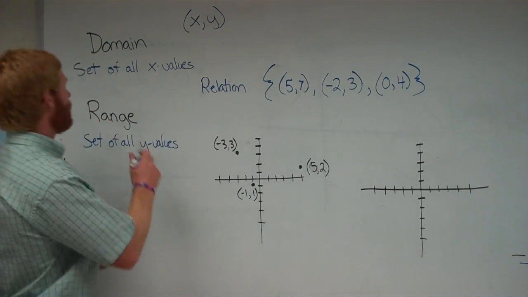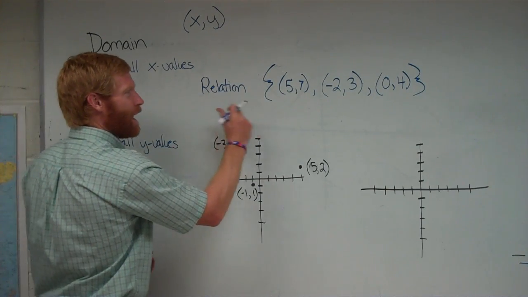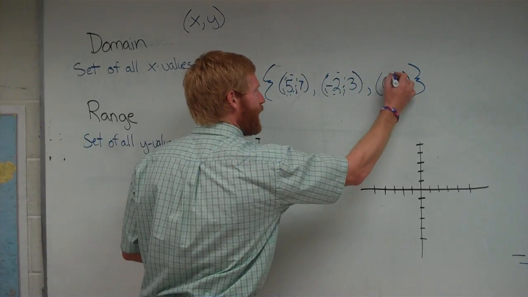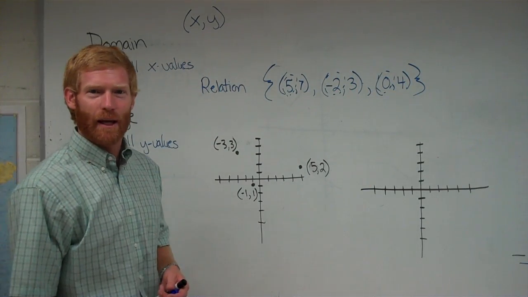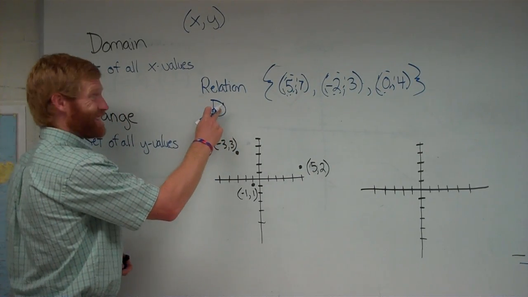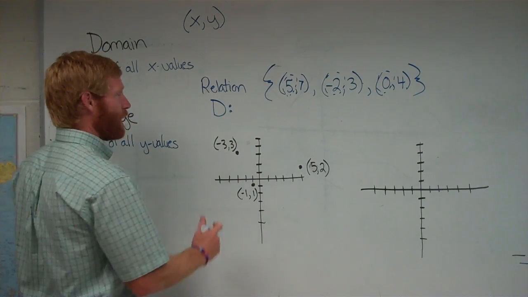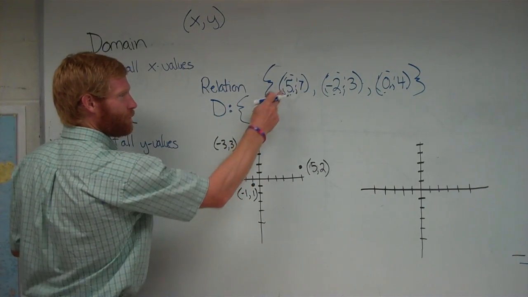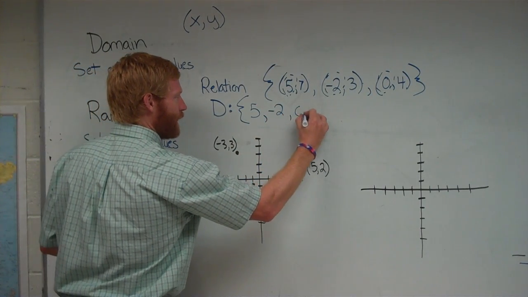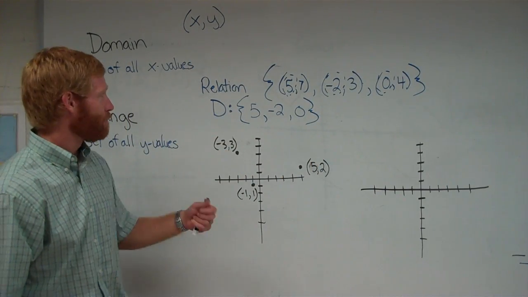Now, as I'm looking at the domain, which is a set of all x values, as I look in this relation, I'm looking to identify each x value that is contained in that relation. So the way I would represent that would be the domain, and I'm going to use that as D, then use a colon, and 5, -2, and 0 are my 3 x values that are contained in that relation.